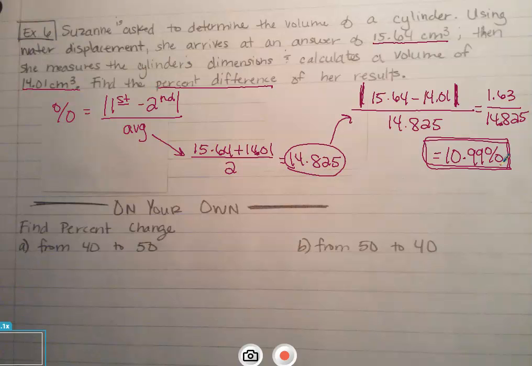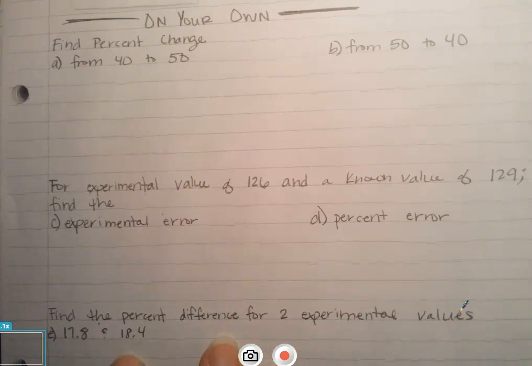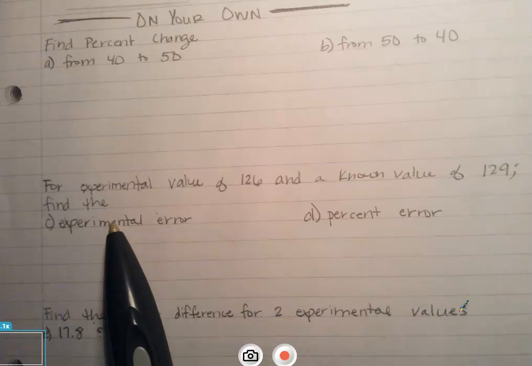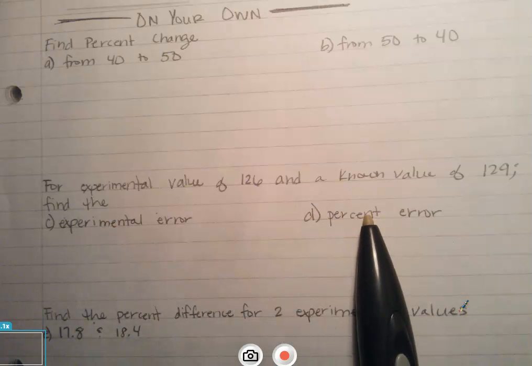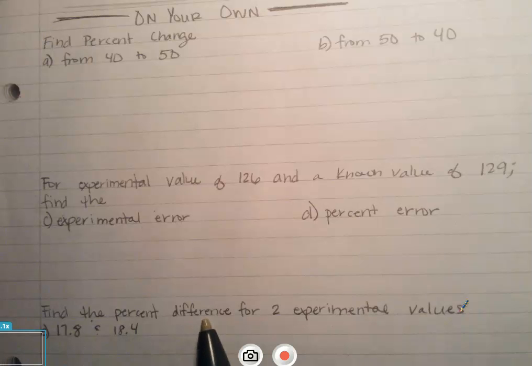So there's three kinds of things that you're doing on your own tonight. You've got percent change. Then you want to find the experimental error and the percent error, which are the next steps. And then the last one is percent difference.